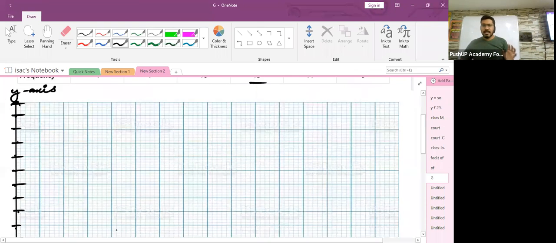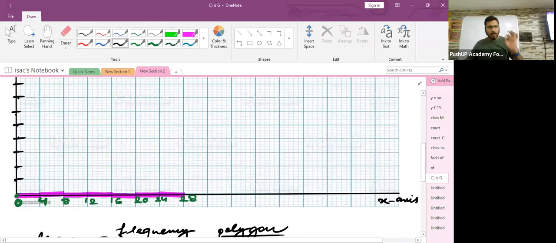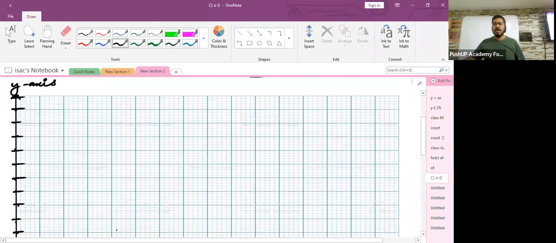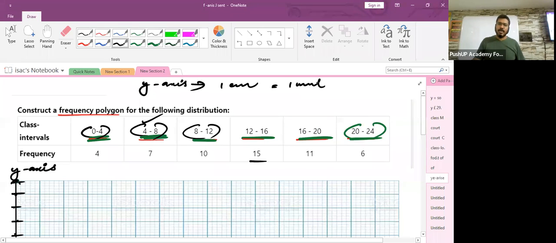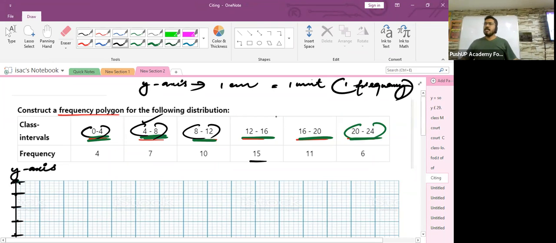So in this case, I am taking 1 centimeter on the y-axis as 1 unit. So I will write it here. Y-axis, each centimeter is equal to 1 unit or 1 frequency. Done.